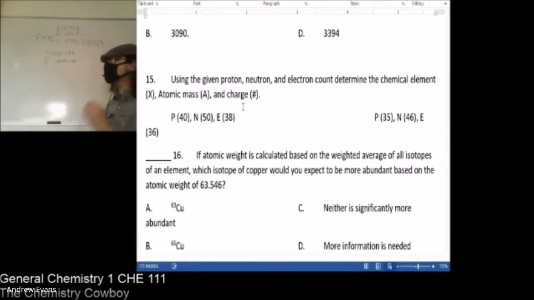With just the proton count, we can look up where that is on the periodic table. On the periodic table, the top number is the atomic number, and the bottom number is the average atomic mass, the weighted average.